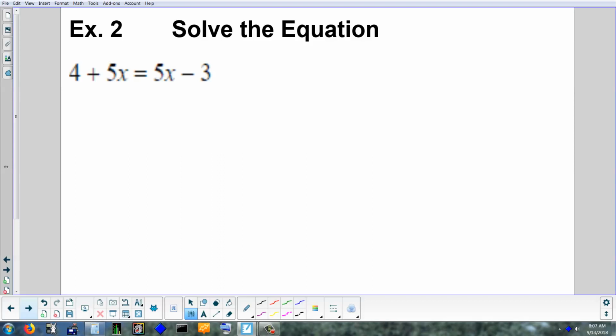So she wants to move this over here. What would I do on both sides to do that? How would you move it? Well, going through our steps, do we have any distributive property?